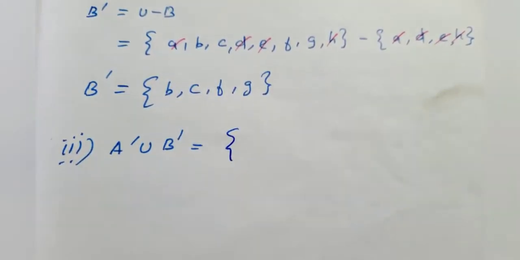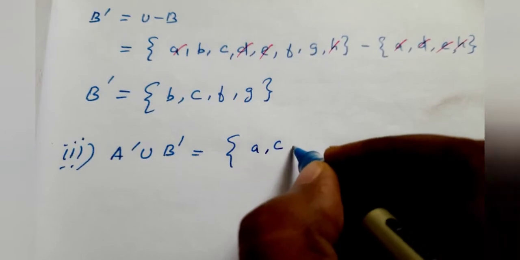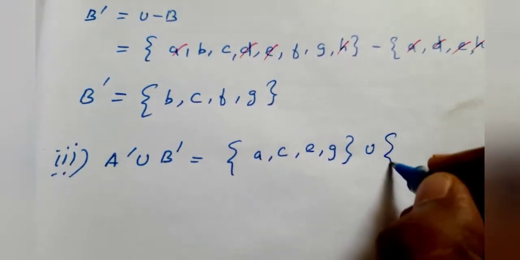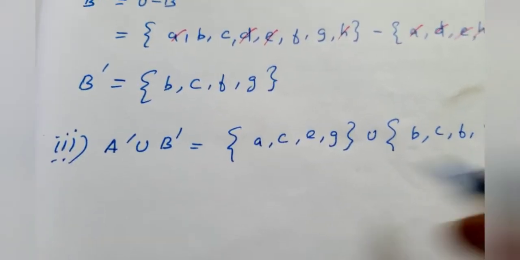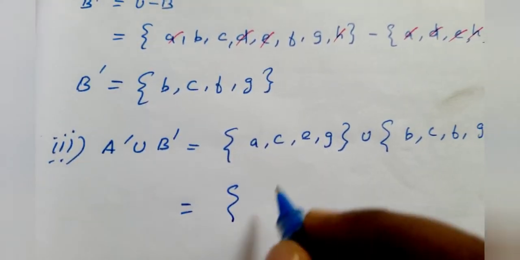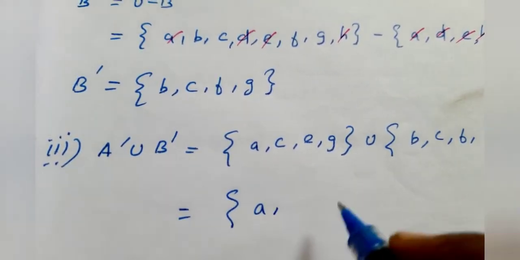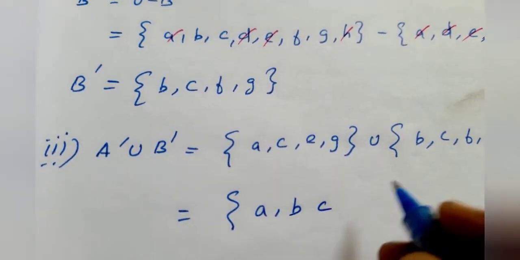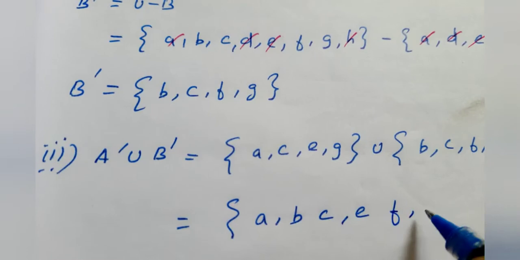Just write the elements of A dash, that is A, C, E, G, and B dash means B, C, F, G. Then A dash union B dash together you can write as A, B, C, E, F, G, just avoiding the repetition.